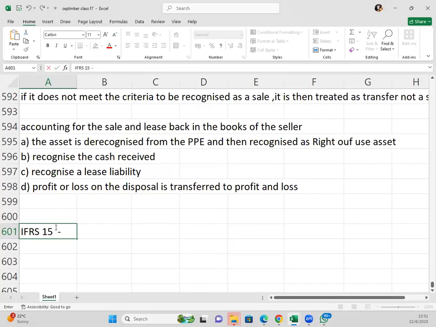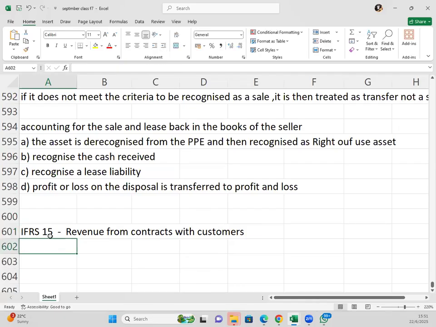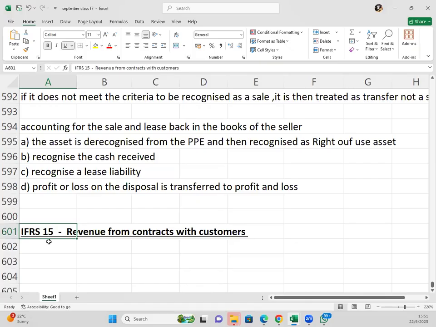This standard tells us how we account for revenue. IFRS 15 deals with how we recognize revenue from contracts with customers.